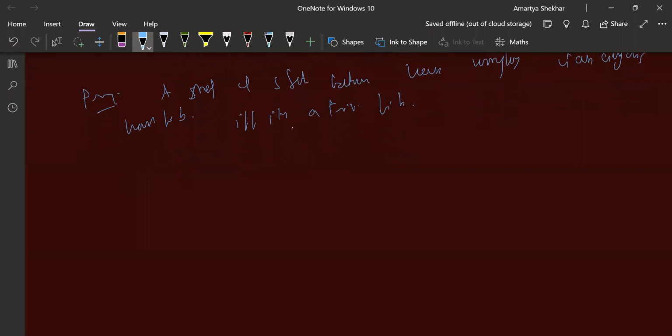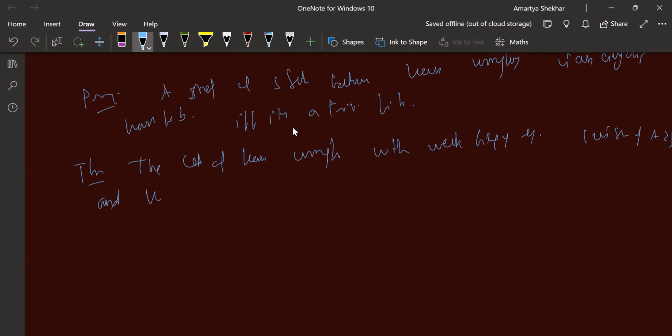So now, an important theorem. The category of Kan complexes with weak homotopy equivalences in the sense of A2 and Kan fibrations is a complete fibration category.